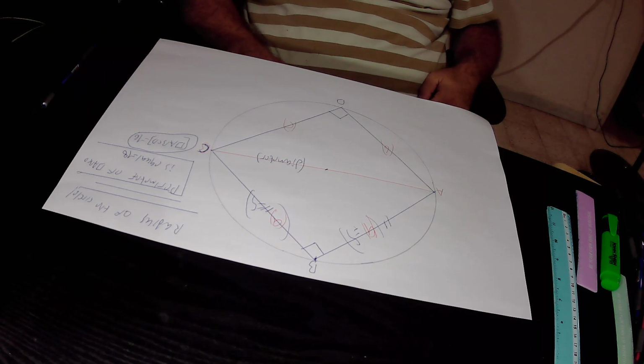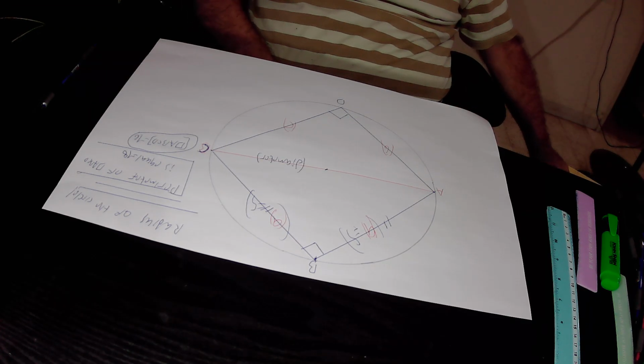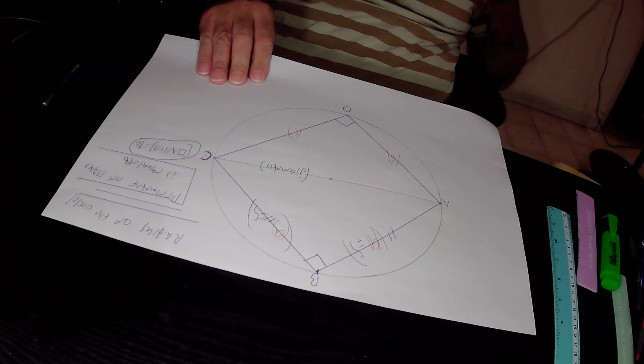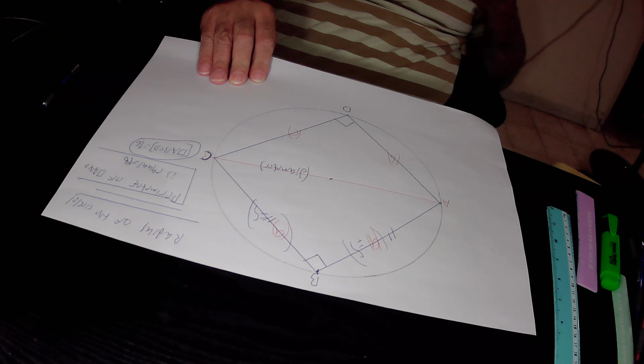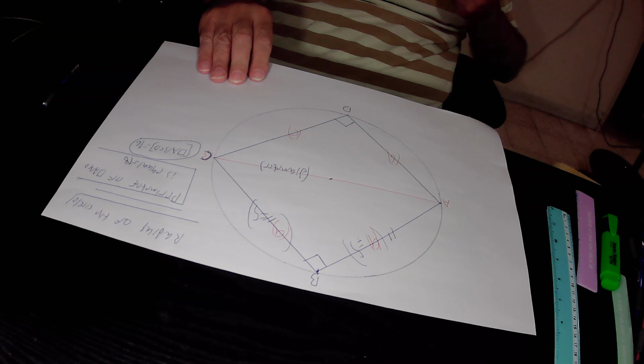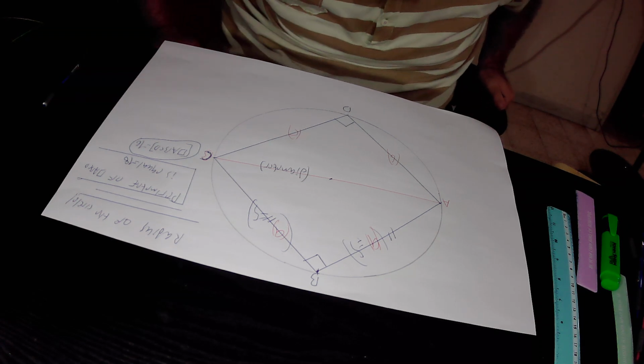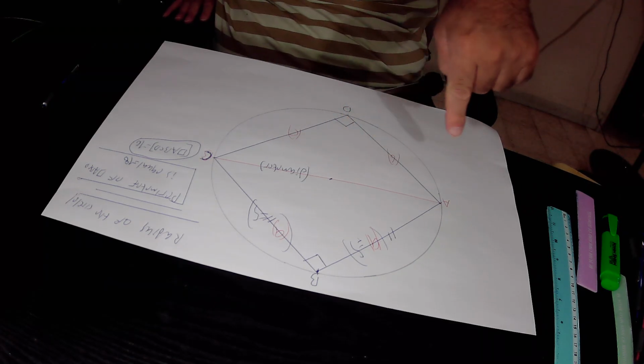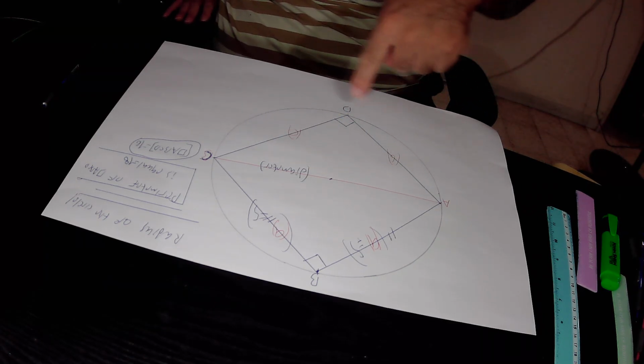So in the next step, we apply the Pythagorean theorem on those two right triangles, the right triangle ABC and the right triangle ADC.